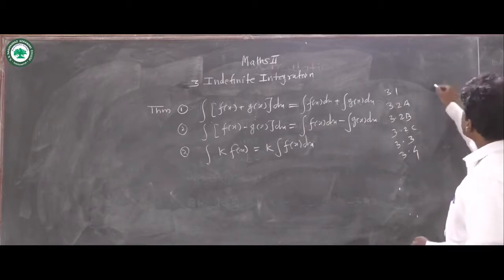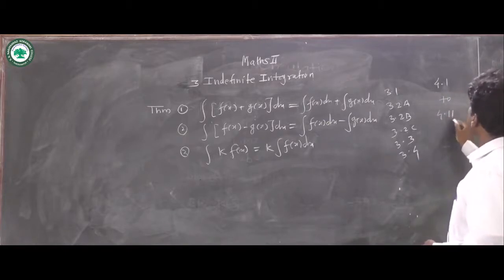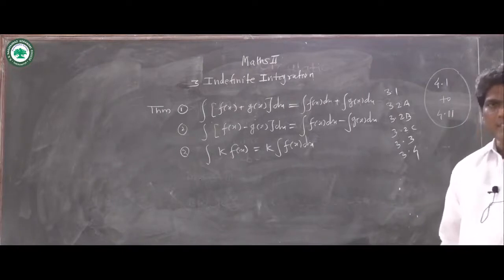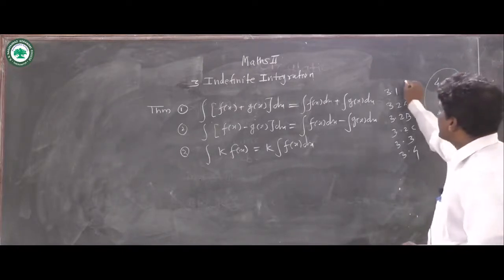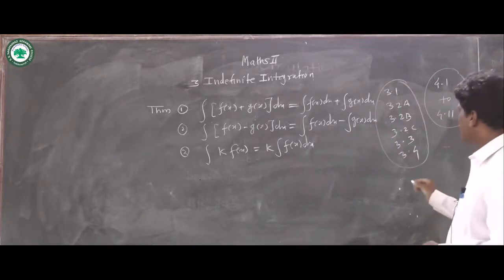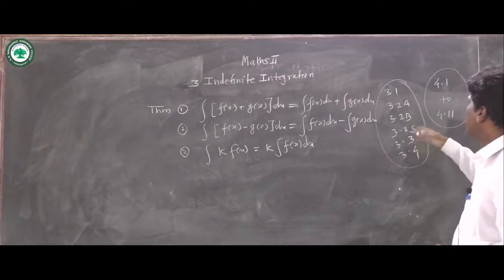The old syllabus contained 4.1 to 4.11, that means 11 exercises in the old syllabus and 6 exercises in the new syllabus. So we have to see these 6 exercises one by one.